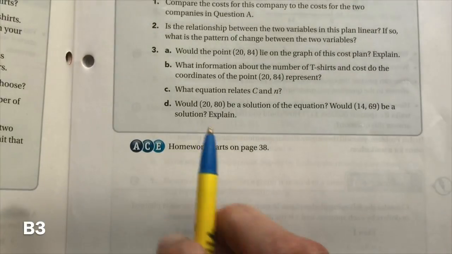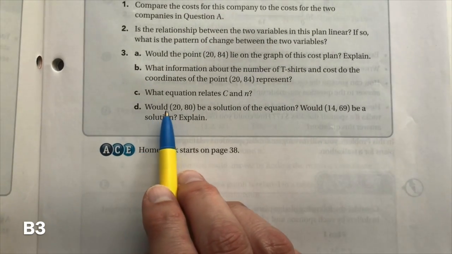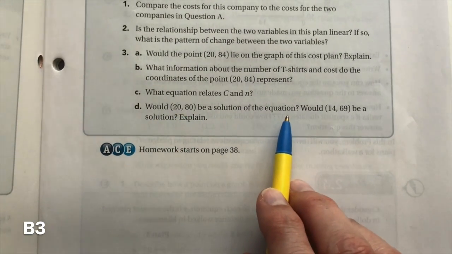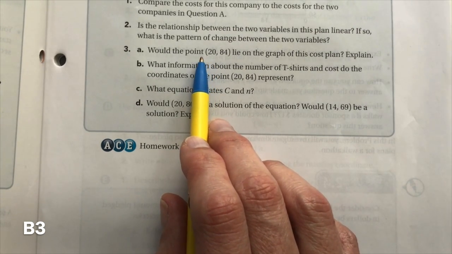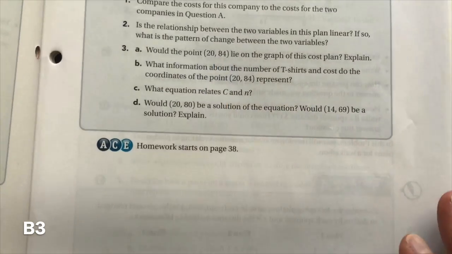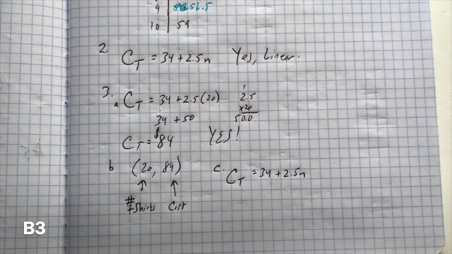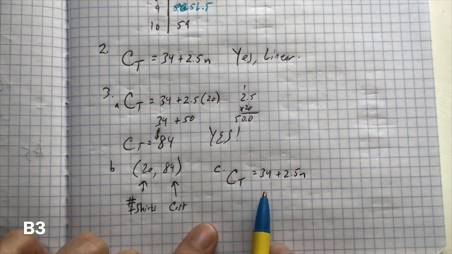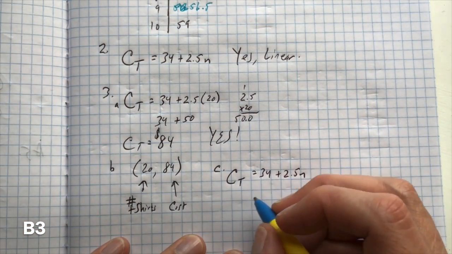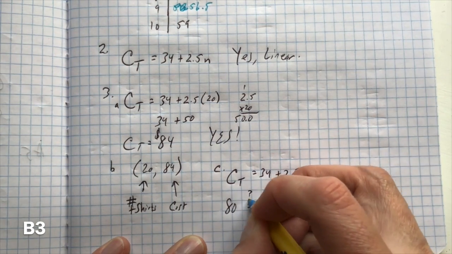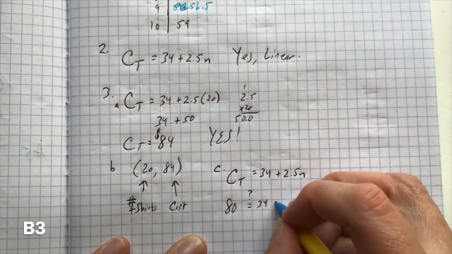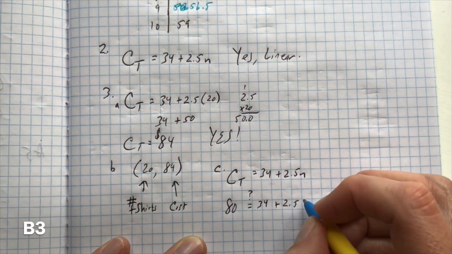So now they bring us to D. Would (20, 80) be a solution to this equation? Well, no, it can't be, because we just figured out that (20, 84) is. Well, let's just confirm that this time. If I do the exact same work, they're asking us to see, does 80 equal 34 plus 2.5n?